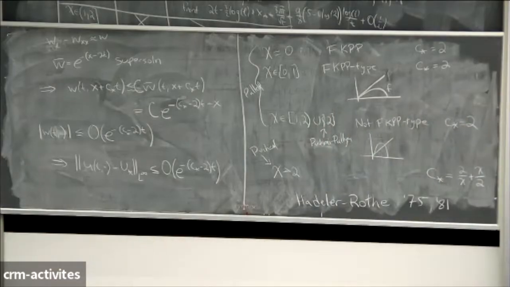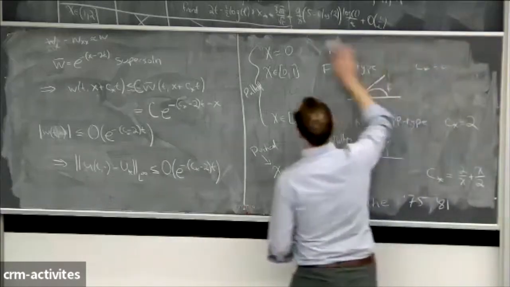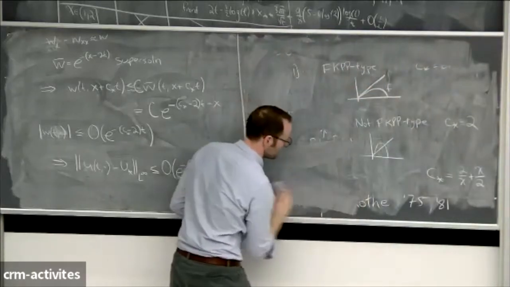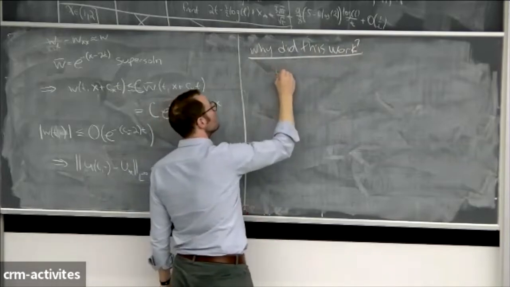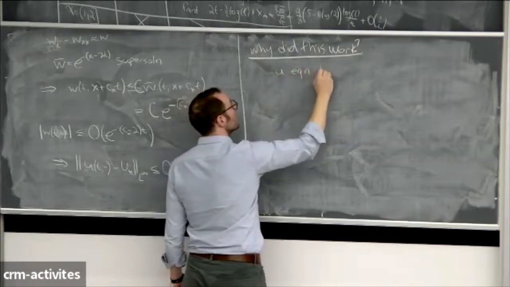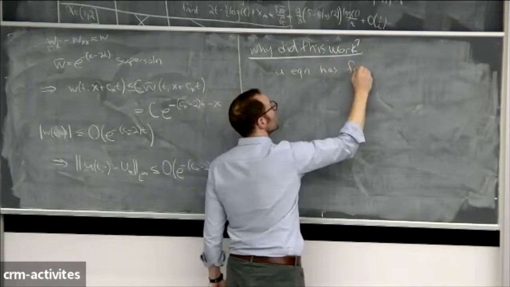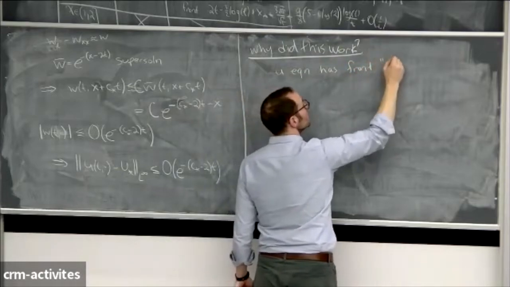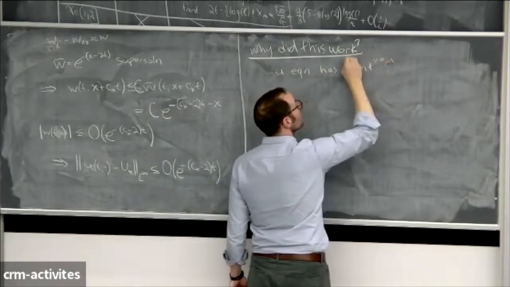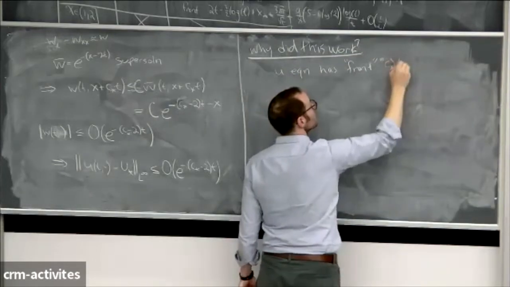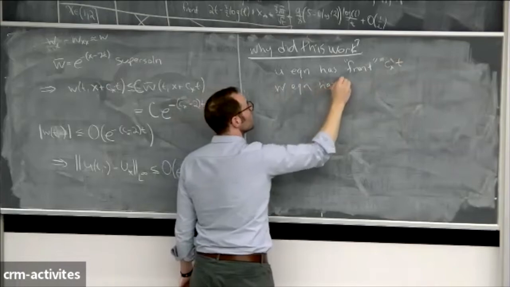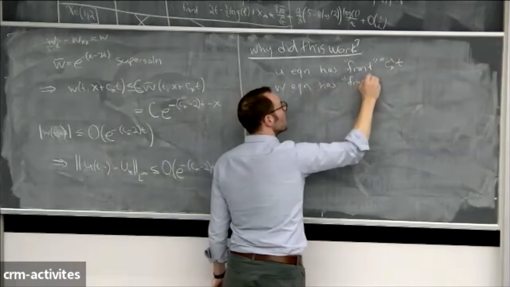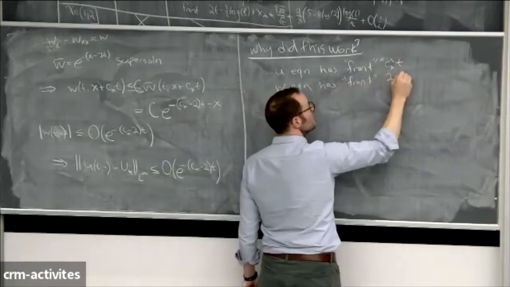All right. So why does this work? Or what happened here? What's the principle that we want to live by? This is hopefully my simple idea: the U equation has front at c star t. The W equation has front at 2t.